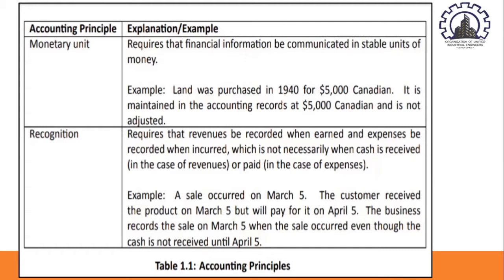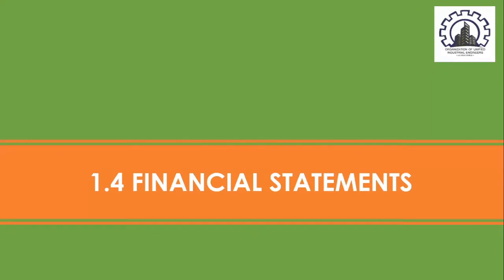All right, so the next key area that we're going to be discussing is financial statements, or the basic financial statements. Now, why is it that financial statements are of paramount importance for decision makers? You need to recall that financial accounting focuses on communicating information to external users, and that information is communicated using financial statements.